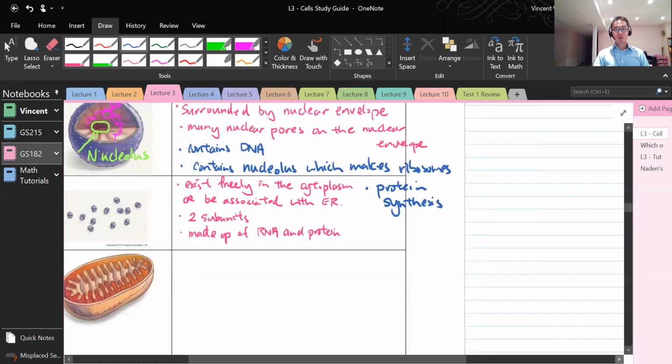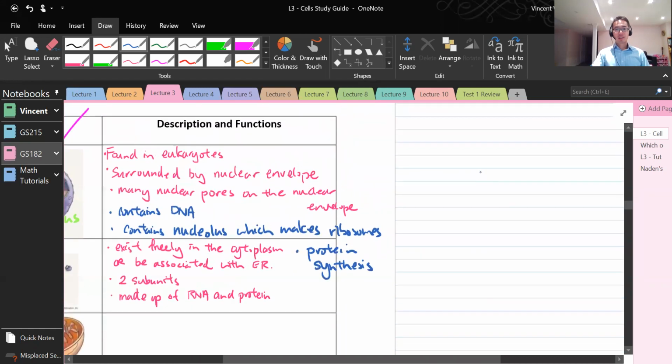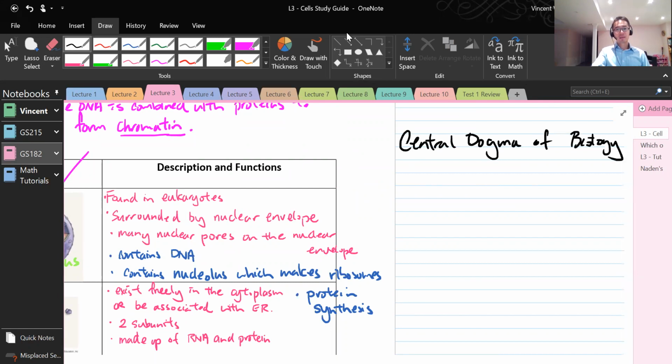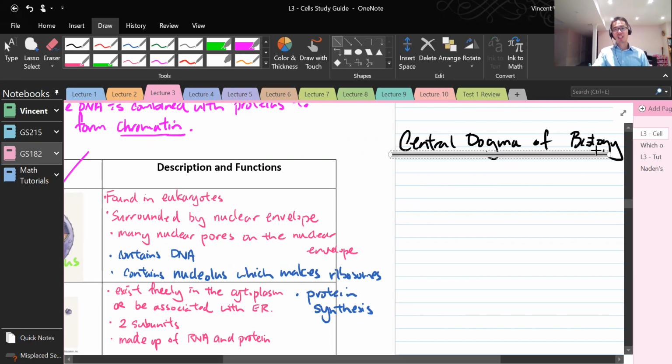Okay, so now is a good time to talk about the central dogma of biology. Dogma is the essential theme of biology. The flow of information in biology typically goes like this. You start with DNA, which is in the nucleus.